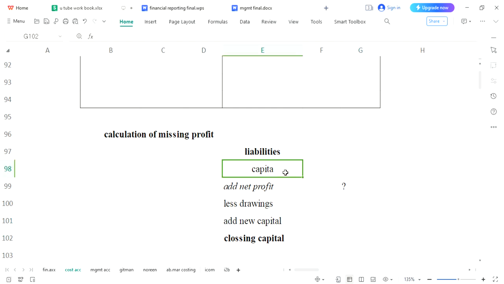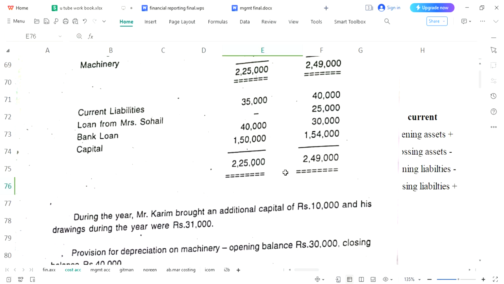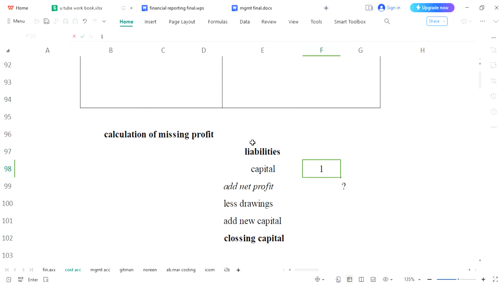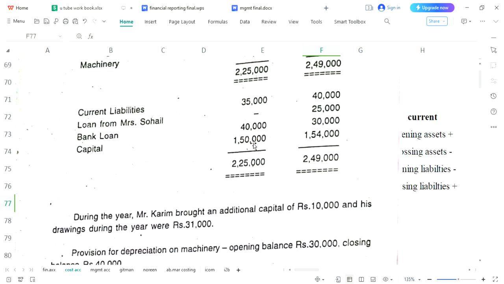First of all, we have been given the opening capital. Look here, this is your opening and closing line. Opening capital 150,000 is provided. You may write over here 150,000. Net profit is not given. Then look here. During the year, Mr. Cream brought an additional capital of 10,000.